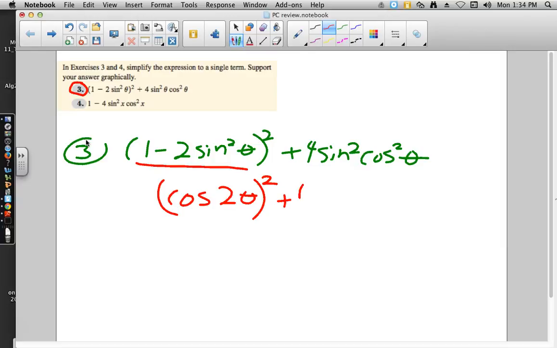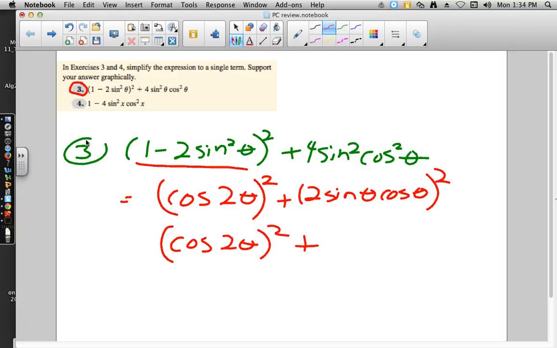Well, it came from the fact that this is really 2 sine theta cosine theta squared. And that makes us realize, all right, so far we've got this cosine of 2 theta squared, and now this 2 sine theta cosine theta is going to be the sine of 2 theta squared.